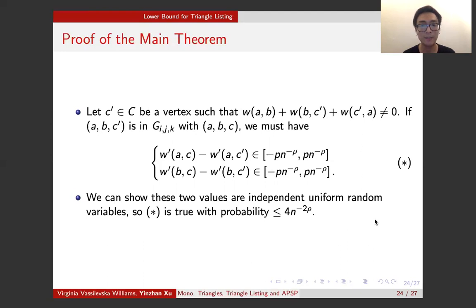So that means W prime AC minus W prime AC prime must be in this range, because I_jk has size roughly p times n to the negative rho. And we have a similar condition for the difference of edge weight BC and edge weight of BC prime. By some simple math, we can show that these two values are independent uniformly random variables. So this happens with probability roughly at most 4 times n to the negative 2 rho.